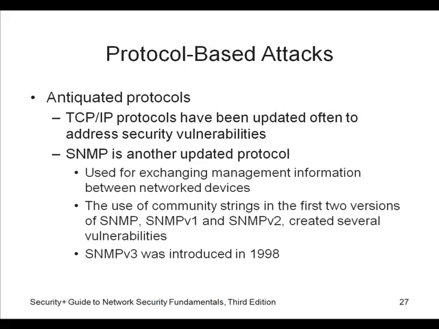Network attacks, antiquated protocols, we've talked about these before. SNMP is a protocol we really hadn't talked about. There are 3 versions of it, 1, 2, and 3. 1 and 2 are not secure. What this can do is allow you to manage devices. What it's typically used for is monitoring devices. And it uses a password called the community string.